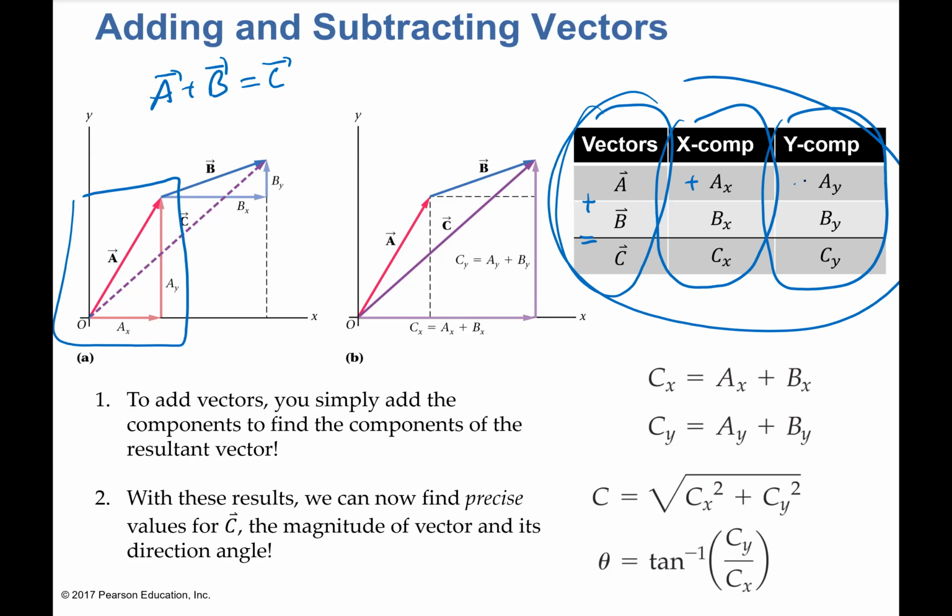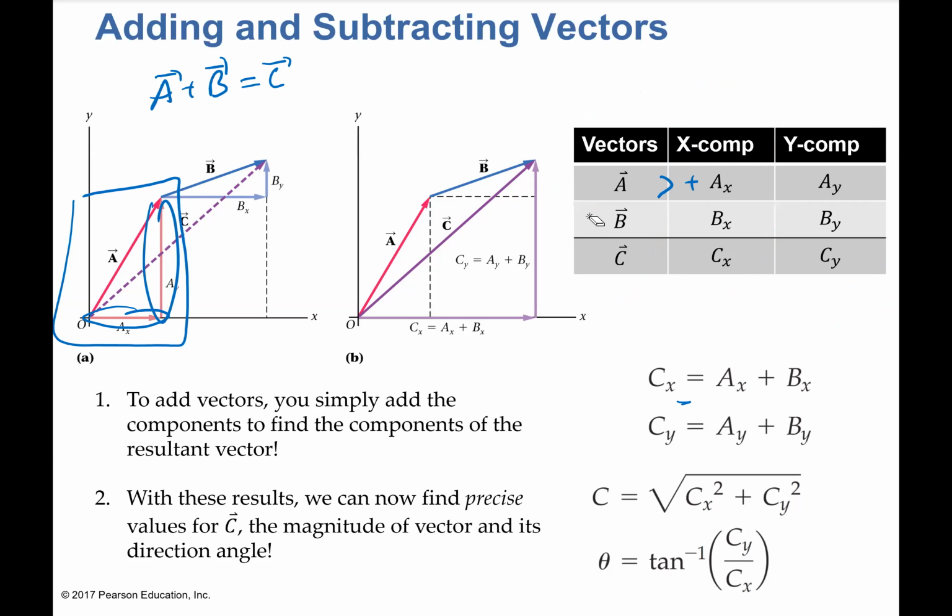So I write the Y component of vector A, so Ay. That means vector A broke down into its two components, Ax and Ay. So I write them here. This is my vector A. So I'm saying that instead of vector A, I'm going to replace it with its components, Ax and Ay.